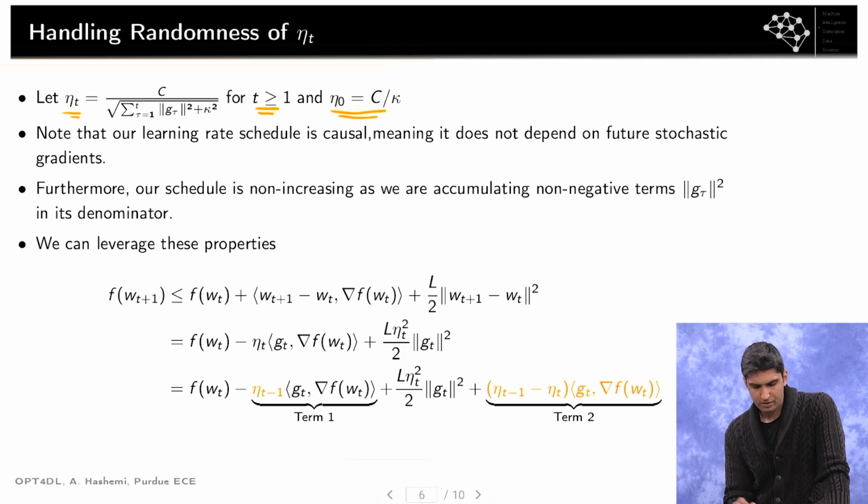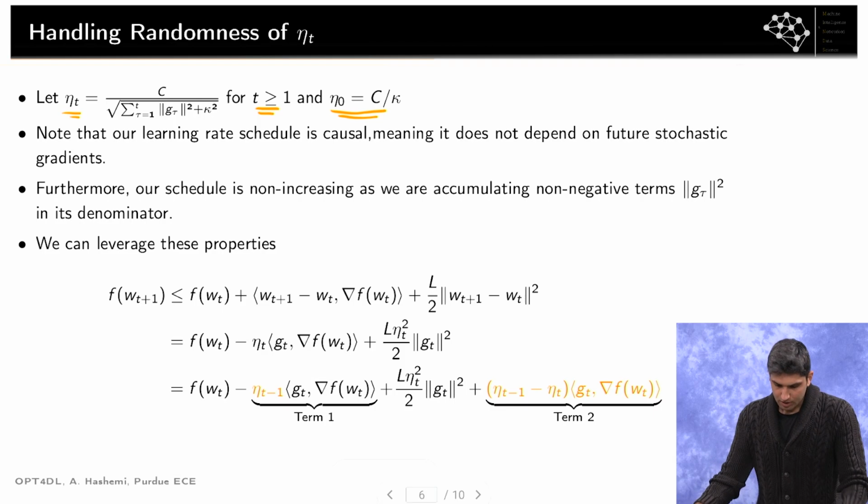Now, I'm going to define the learning rate at time 0. This is not something we use in practice when we want to update our method; this is purely for the analysis perspective. So this is C over kappa. It's as if I'm just ignoring this term because I haven't gathered any observation yet. So that will be the zeroth learning rate.